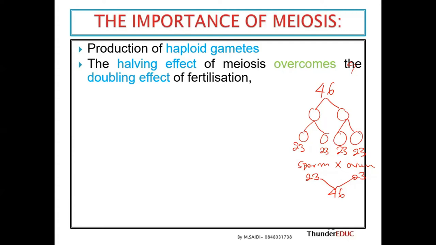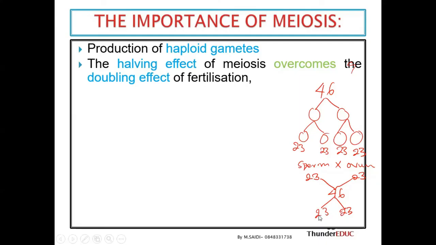This and this double to form 46. But now meiosis is going to divide them to form 23. That's why they say the halving effect is overcoming the doubling effect of fertilization. So this is fertilization, while this is meiosis.